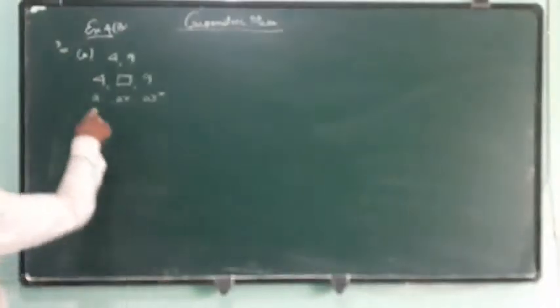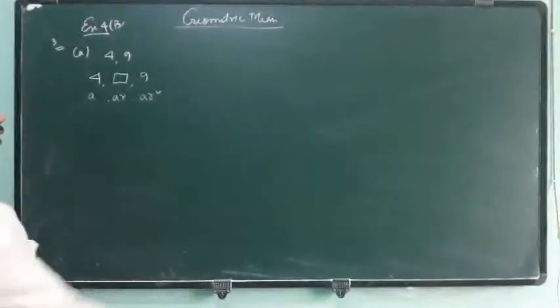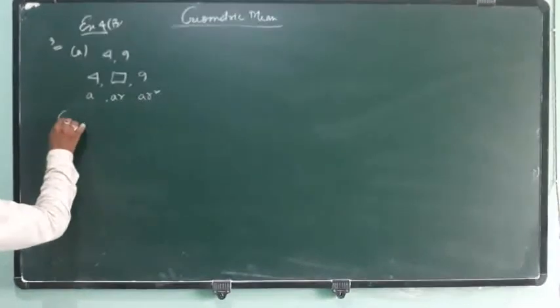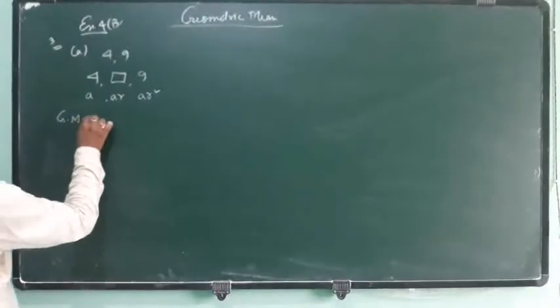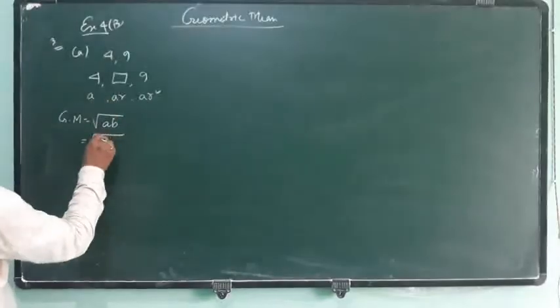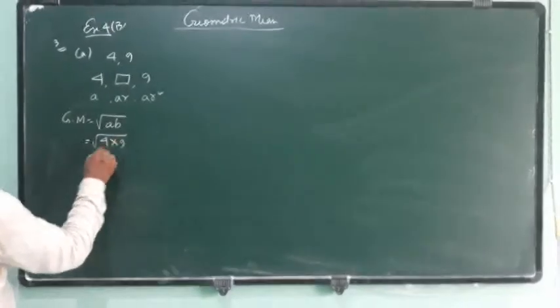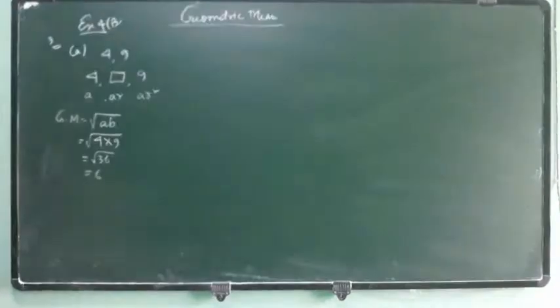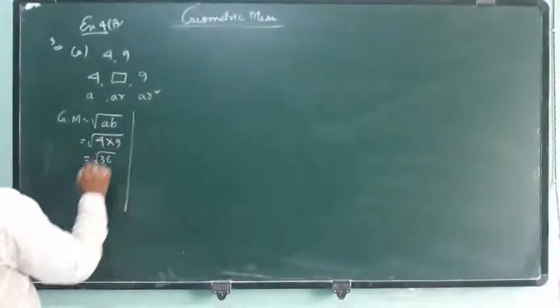So a is 4 and ar square is 9. What will be the middle term? The direct formula for geometric mean is root over ab, where a is the first term 4 and b is the last term 9. Root over 36 is 6. So this is your answer.